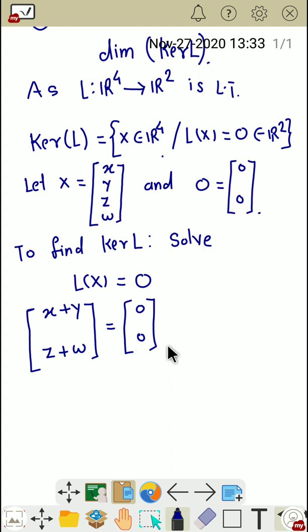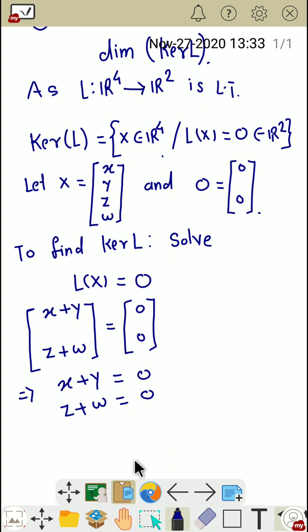Just solve this system of equations and you will get the kernel of linear transformation L. So from this equality of the matrices we get x plus y is equal to 0, and z plus w is equal to 0.